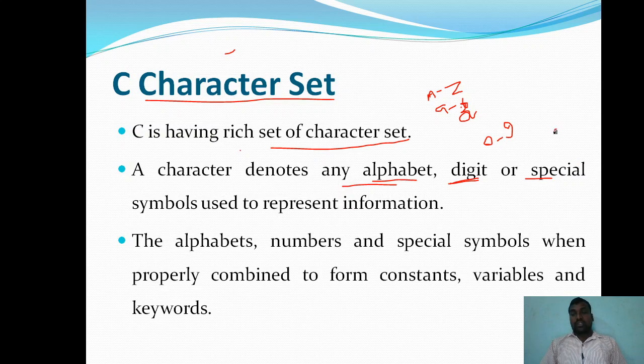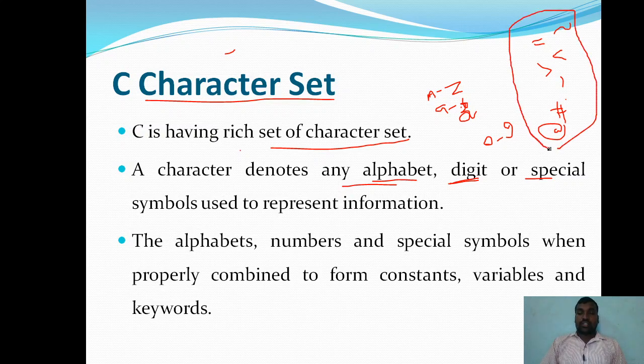It may be a special symbol, something like at the rate, hash, dot, comma, less than, greater than, equals, or cap, etc. So anything that is an individual alphabet, digit or special symbol, we call a character.